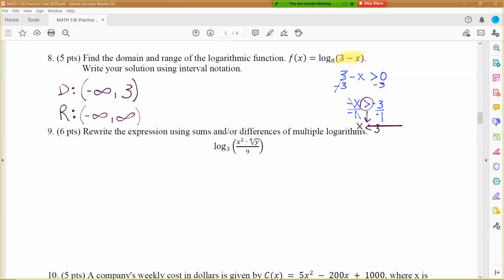So negative 100,273,653 would work because it's less than 3. 4 wouldn't work because it's greater than 3. If it's greater than 3, then you would write the 3 over here and then positive infinity over here, because any number that's greater than 3 would work. So you just flip them and make the infinity positive, if that happened.